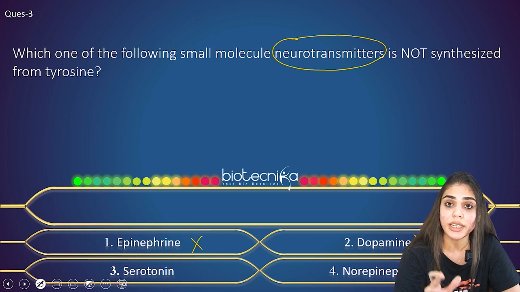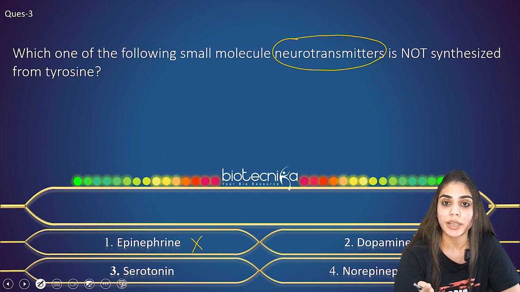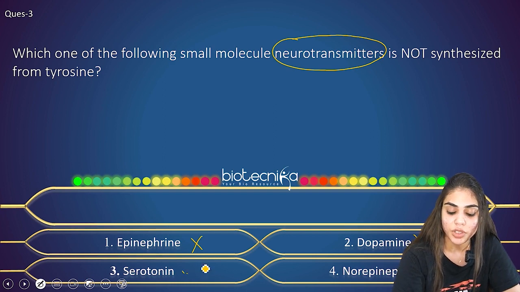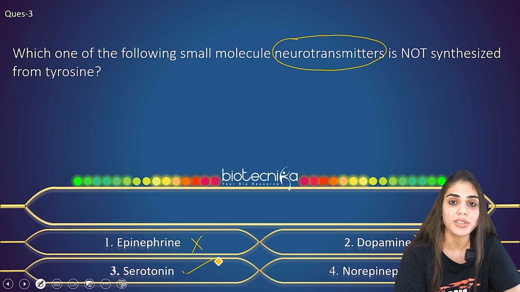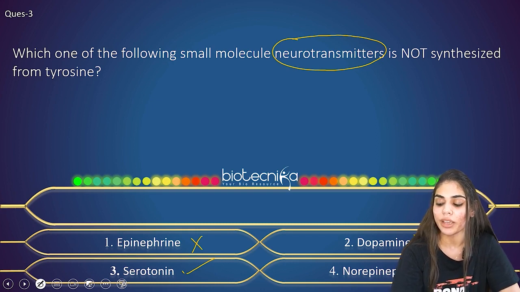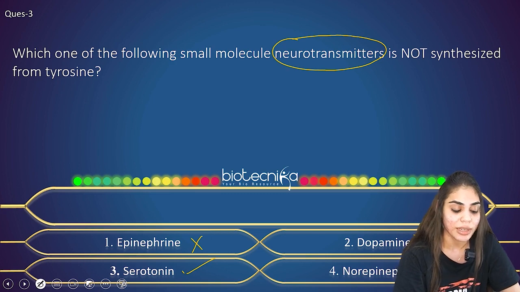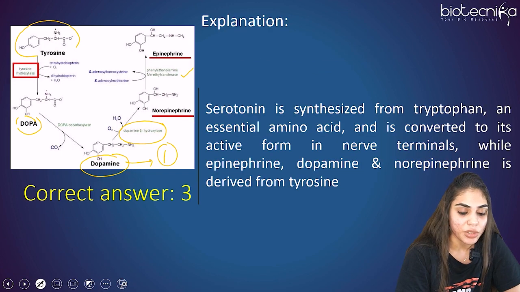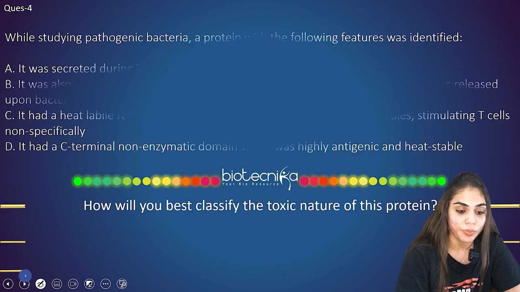Serotonin is a neurotransmitter that is derived from another essential amino acid called tryptophan, and this serotonin is active in nerve terminals. So this option is the right answer because this serotonin neurotransmitter is not synthesized from tyrosine. Norepinephrine, we have also seen, is synthesized from tyrosine as well. So let's come to the next question, that is question number 4.